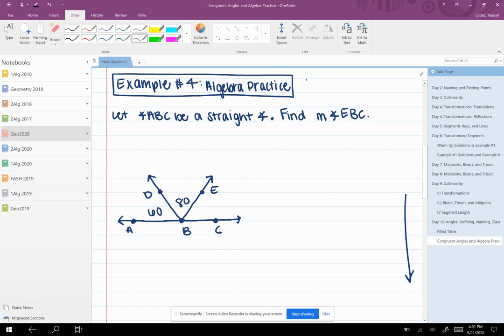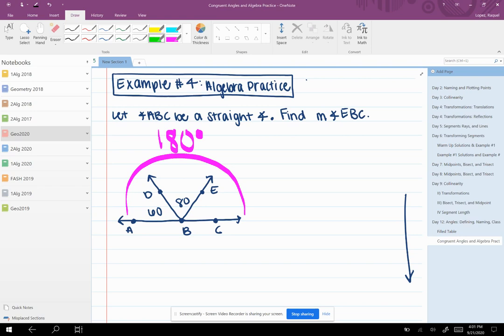Example 4, we're going to get into some algebra practice. Let angle ABC be a straight angle. Find the measure of angle EBC. ABC is a straight angle, and if you remember from our first video, straight angles have a measure of 180 degrees. So if that whole angle measures 180 degrees, this angle plus this angle plus this angle must equal 180. I can set up an equation.